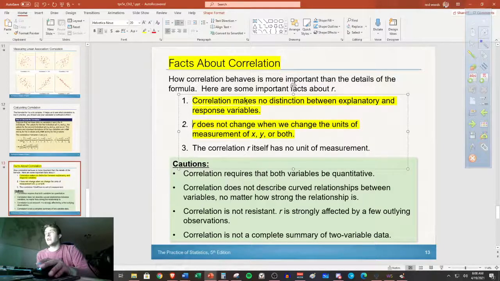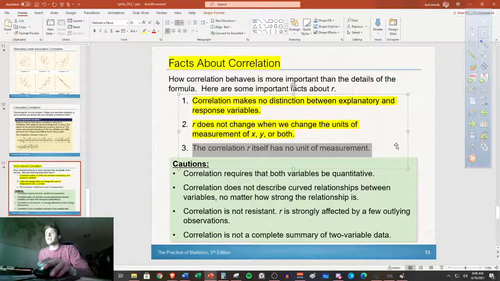R does not change when we change the units of measurement of X, Y, or both, okay? It should scale appropriately. It's getting rid of any of that detail about measurement, and is just comparing all the numbers together. So it's a cumulative thing of all the data. So if I shift all the measurements of X or transform it, it shouldn't really matter.